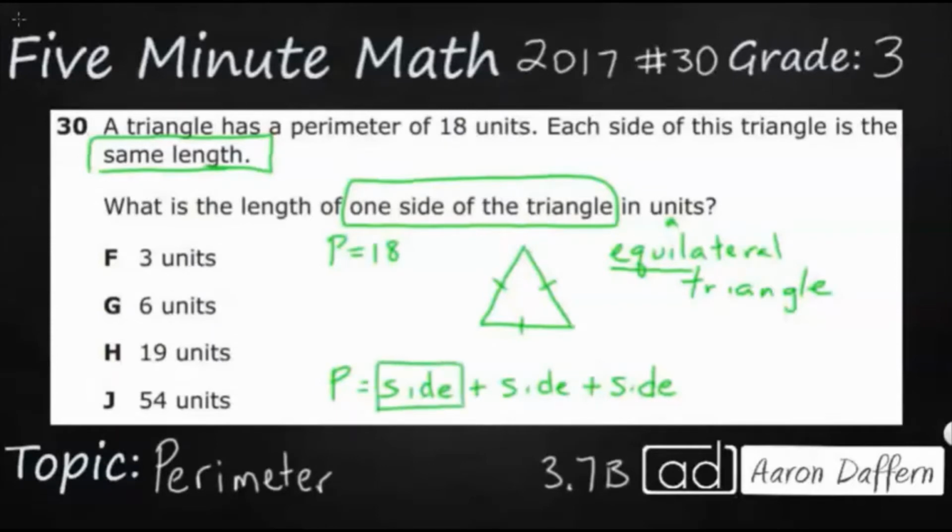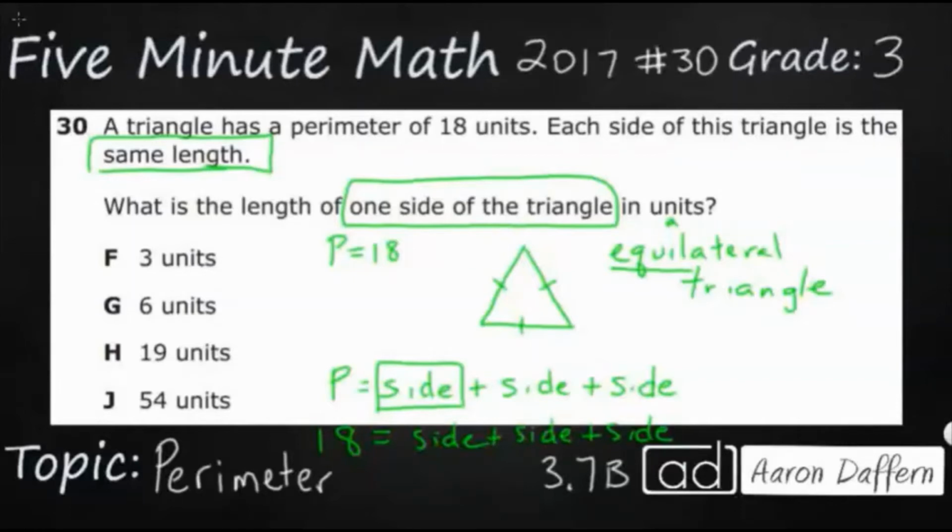Well, let's see if we can replace this with 18. And we've got each of these sides, but guess what? They're all the exact same. So what if we took our 18 and we broke it up into 3 equal parts? Because since they're all exactly the same, this might be a good division problem.